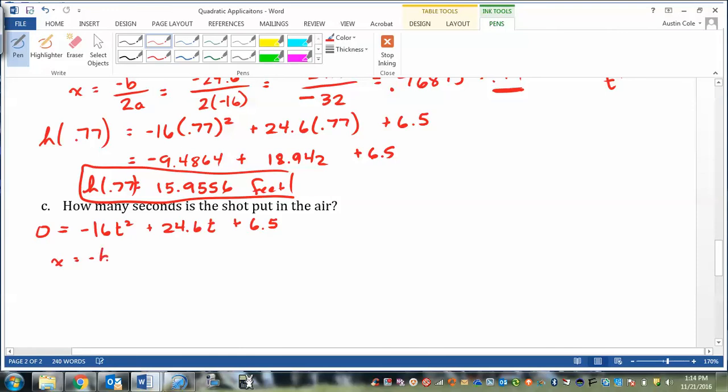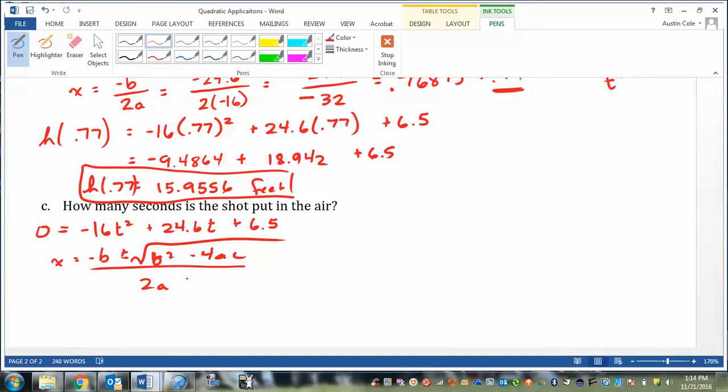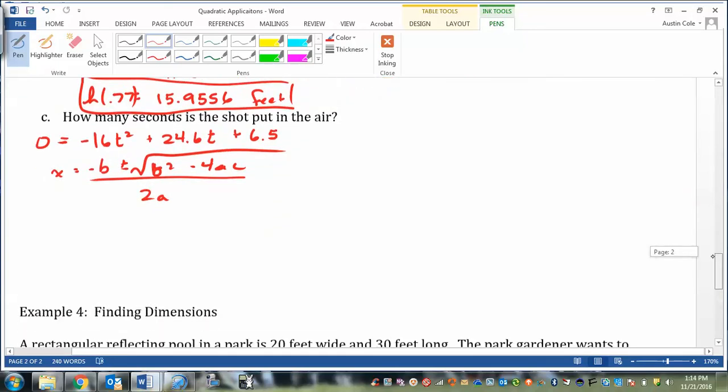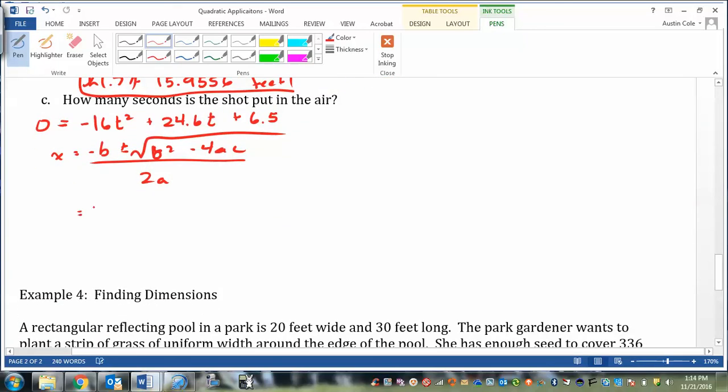x equals negative b plus or minus the square root of b squared minus 4ac, all divided by 2a. So we're just going to plug things in. Opposite of b is going to be negative 24.6 plus or minus the square root, help me out here, b squared.